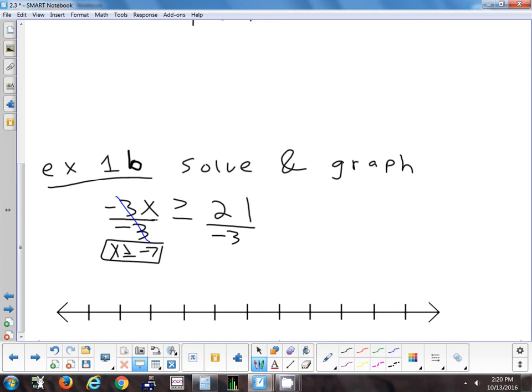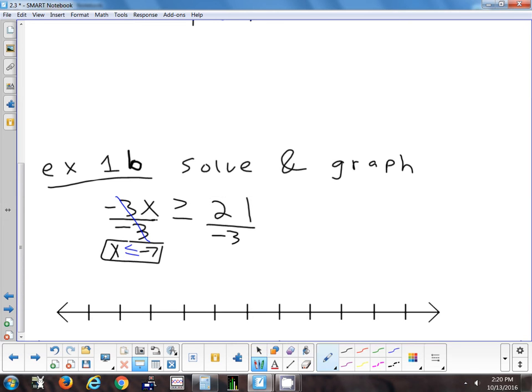I like that. What's the one thing we have to do that we forgot here? Right. What did we divide by? -3. So since we divided by a negative, we got to take that inequality and flip it. How many people remembered to flip it on this one?